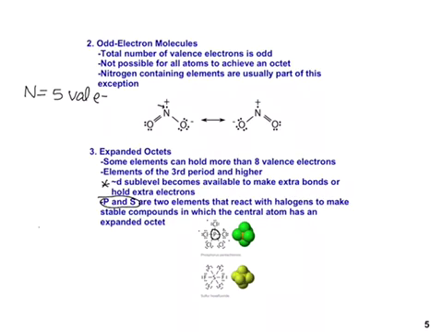So in that phosphorus example, phosphorus has 2, 4, 6, 8, 10 electrons in it, and that's okay. Again, sulfur here has 2, 4, 6, 8, 10, 12, and it can expand its octet very easily. So all of those are valid structures.